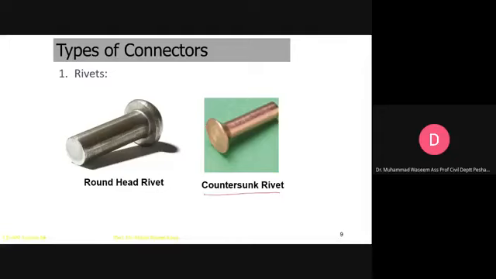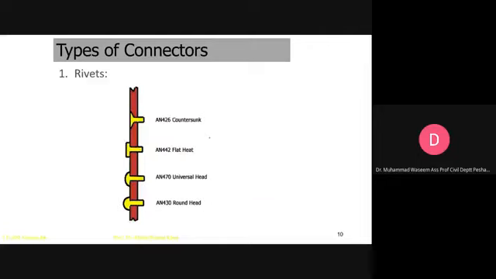Apart from countersunk rivets, we have the flat head rivet, the universal head rivet, and the round head rivet. If there is a space availability issue on this side of the member, then you go for countersunk rivets. So let me explain now how riveting is carried out.